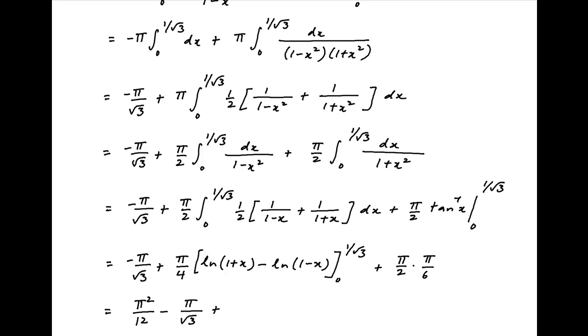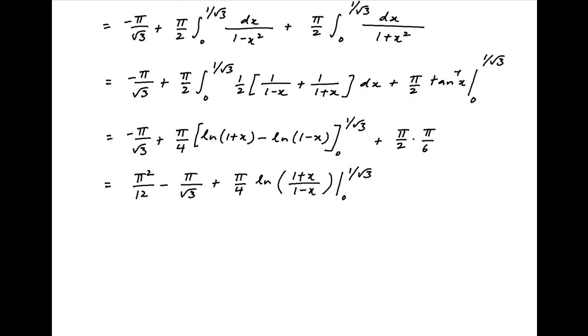Therefore, the value of I is equal to pi square upon 12 minus pi upon root 3 plus pi upon 4 times ln of 1 plus x upon 1 minus x, with the limits of x being 0 to 1 upon root 3.